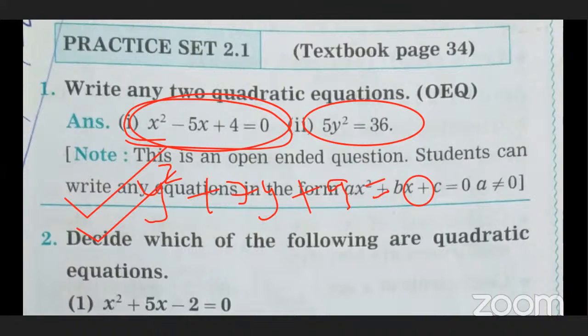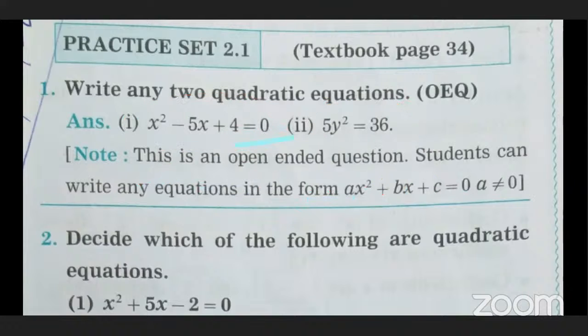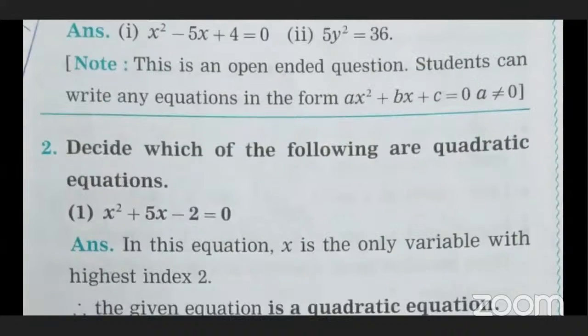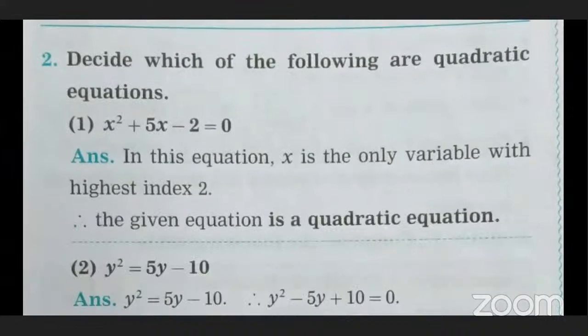Okay, my dear, all of you. Decide whether the following are quadratic equations or not. x square plus 5x minus 2 equals to 0.